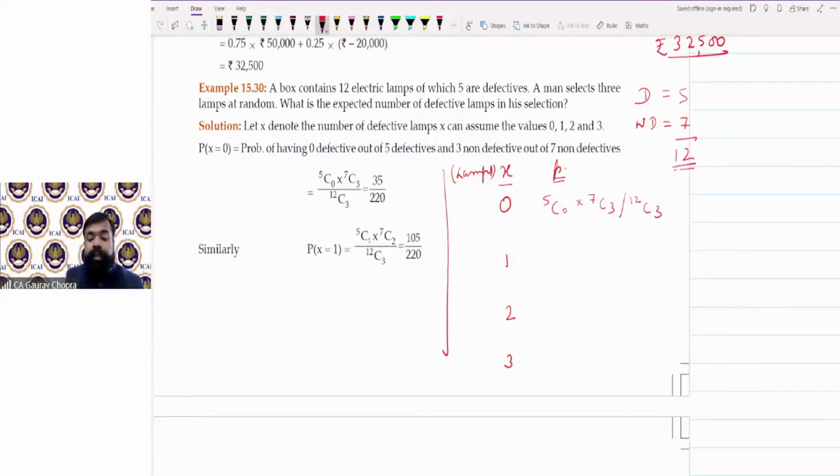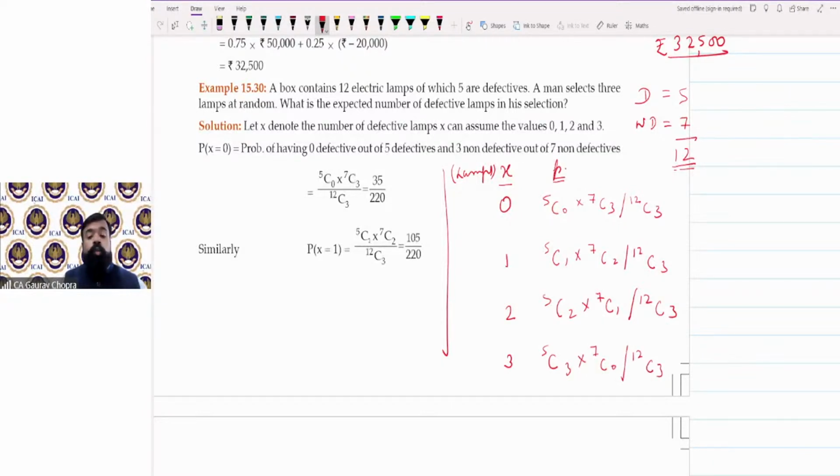Then second case 5C1 into 7C2 divided by 12C3. Then 5C2, 7C1 upon 12C3. And third one is all 3 are defective. So 5C3, 7C0 upon 12C3.